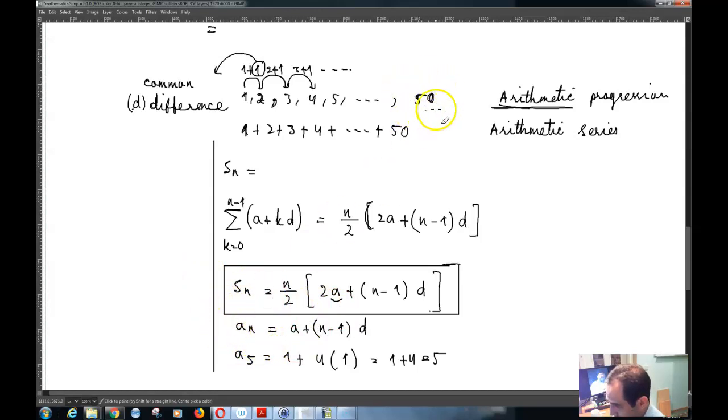So I'm looking for this term, meaning that I write 50 equals 1 plus n minus 1 times d, which is equal to 1 in this case. You just don't have to write it. So that means that 50 is equal to n, since the 1 and 1 cancel out. That means that this number over here is the 50th term.